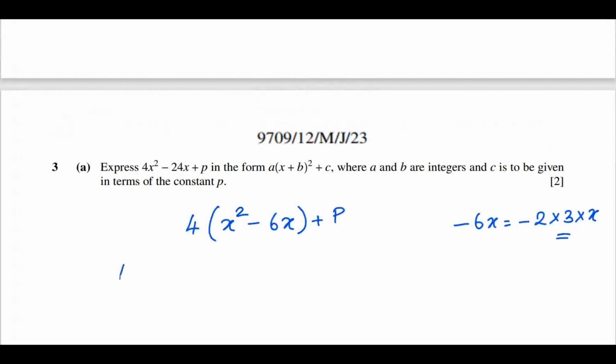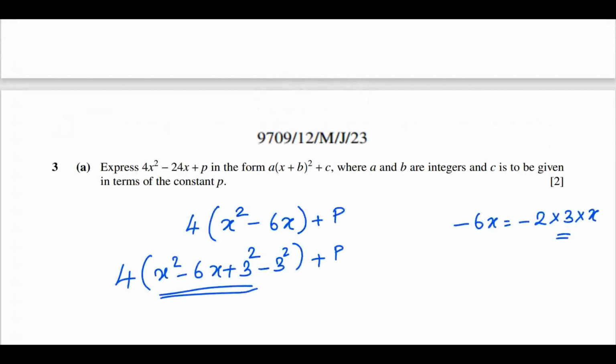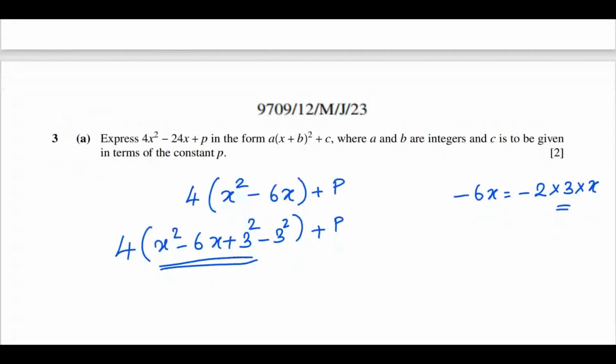So 4 multiplied by x square minus 6x plus 3 square. We need to add and subtract 3 square. 3 square minus 3 square plus p. So this can be written as x minus 3 the whole square.